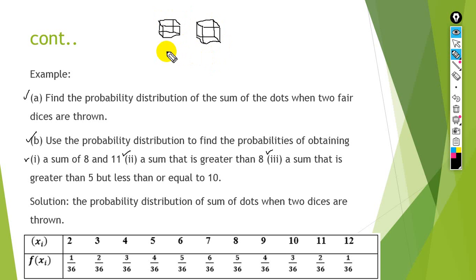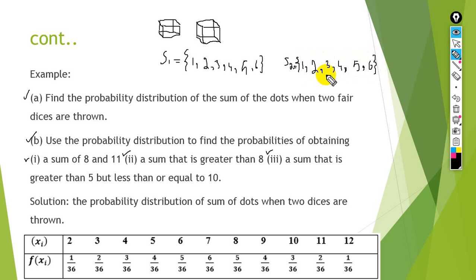If we throw, the sample space for the first die is 1, 2, 3, 4, 5 and 6. The second die is also the same. The same result will we have: 1, 2, 3, 4, 5 and 6.